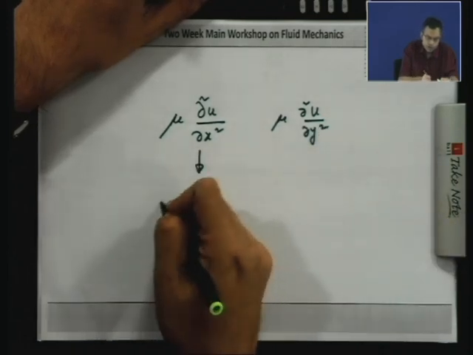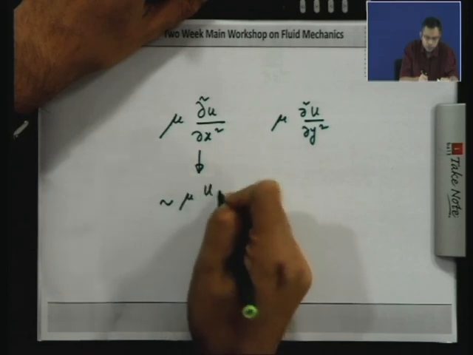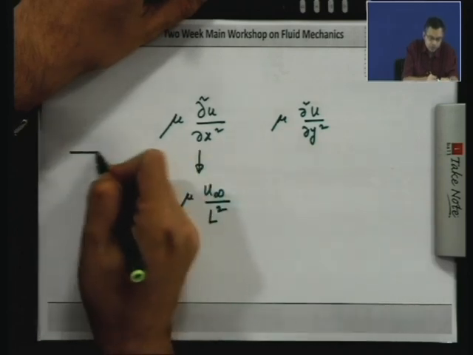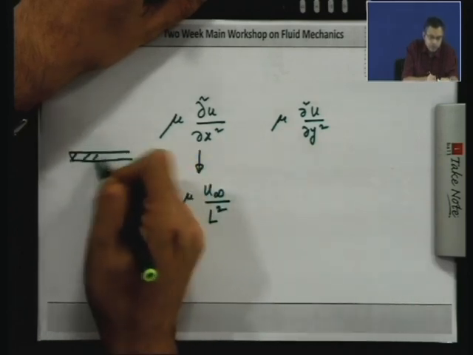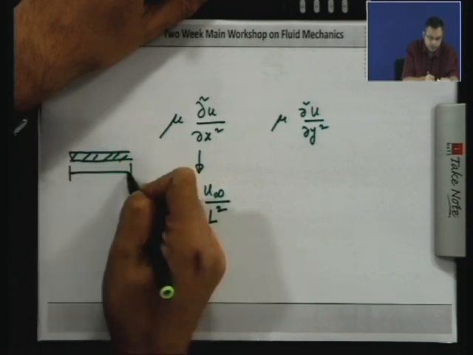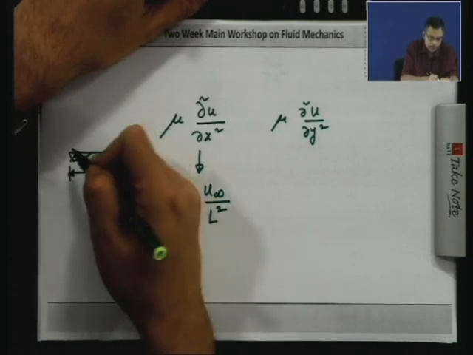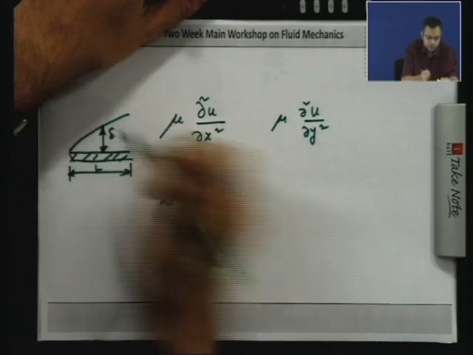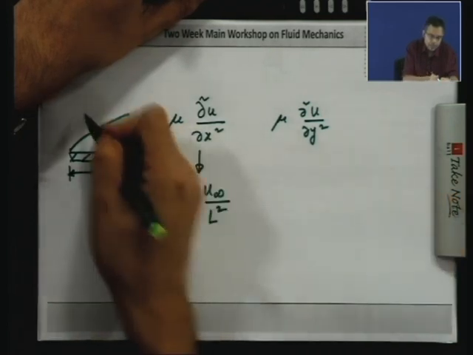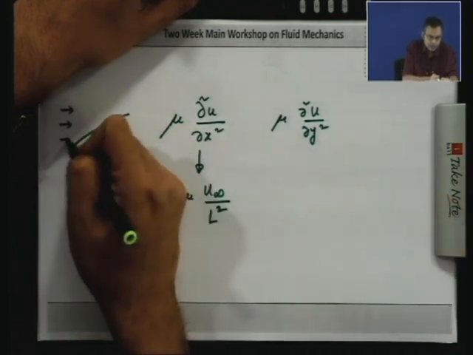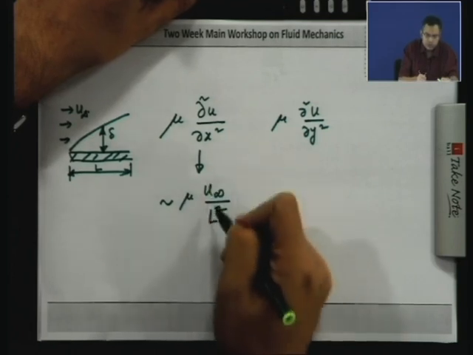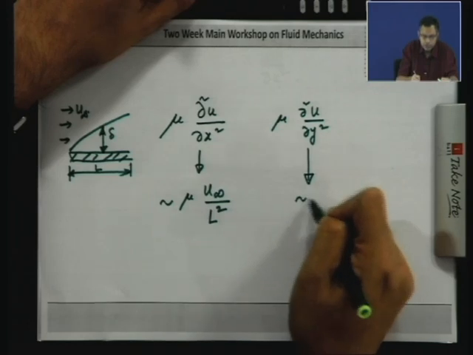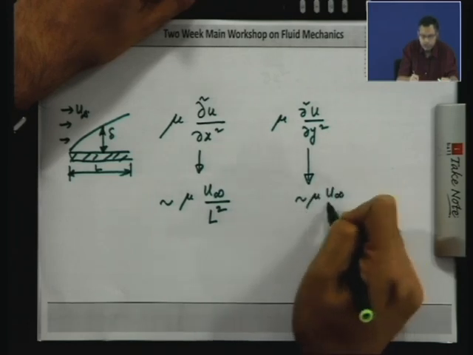Think of flow over a flat plate. The order of magnitude of x is L, the order of magnitude of y is delta, and the free stream velocity is u infinity. So, the first term is of the order of mu u infinity by L square and the second term is of the order of mu u infinity by delta square.